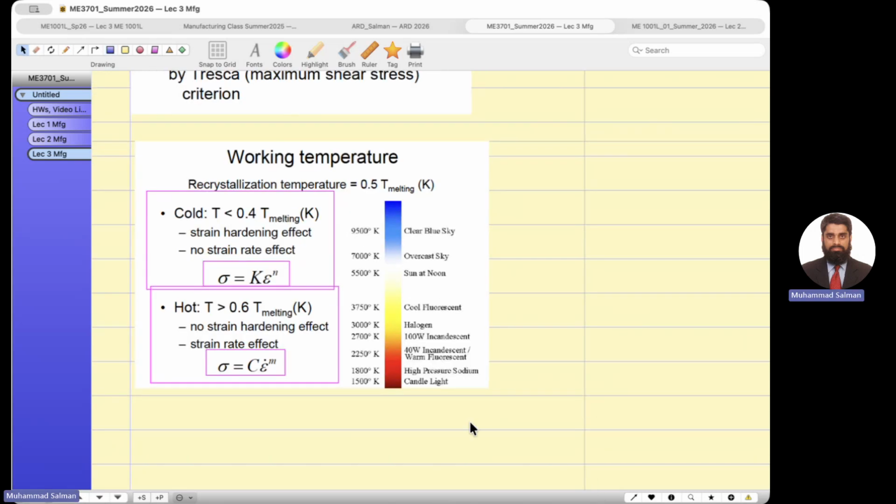Please write down these two formulae. Sigma equals K times epsilon, when the forging temperature is less than half of the melting point.